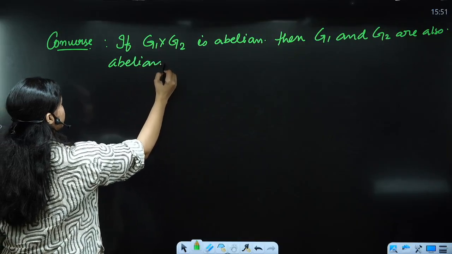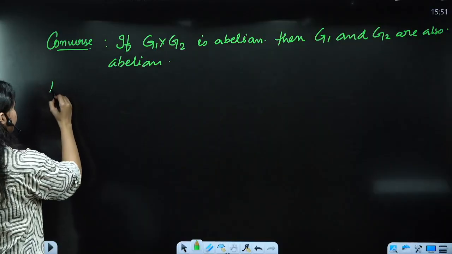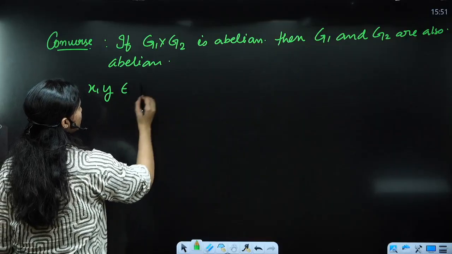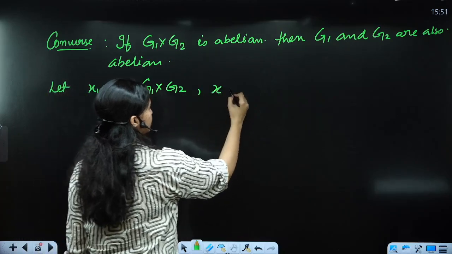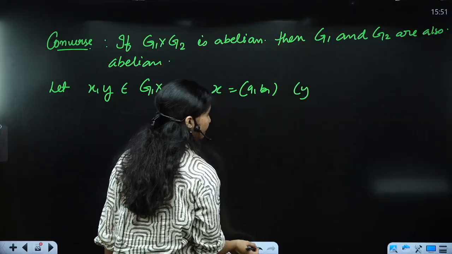Now how do we prove it? Again we are going to prove it with the help of elements only. So let x, y belong to G1 cross G2, x equals (a1, b1) and y equals (a2, b2).